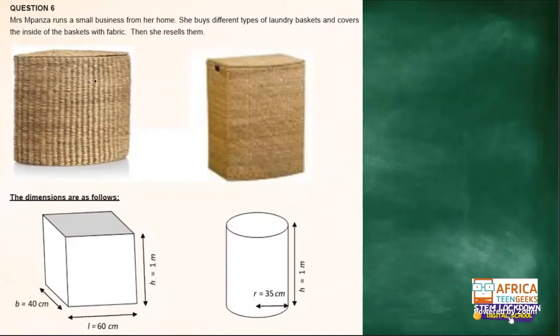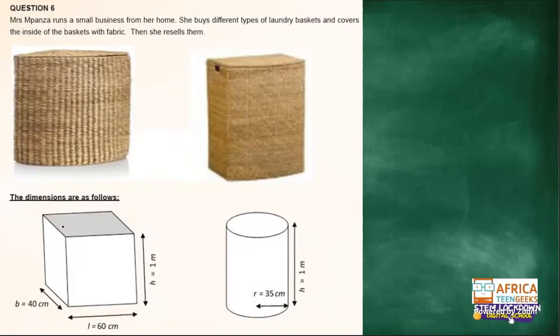It reads question 6. Mrs. Mpanza runs a small business from her home. She buys different types of laundry baskets and covers the inside of the baskets with fabric. Then she resells them.